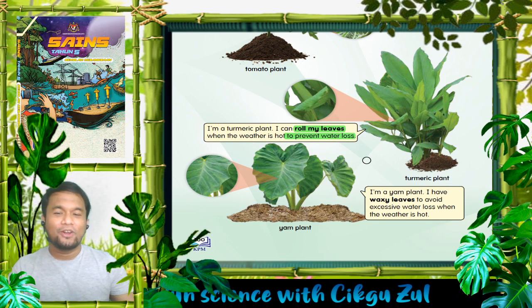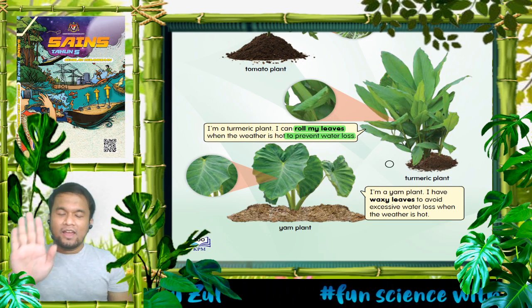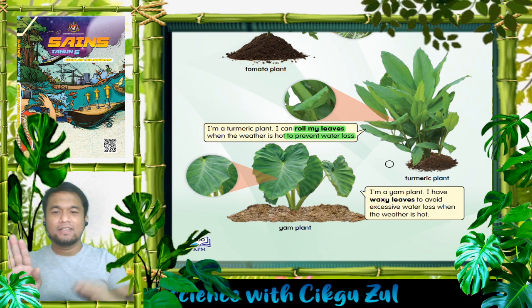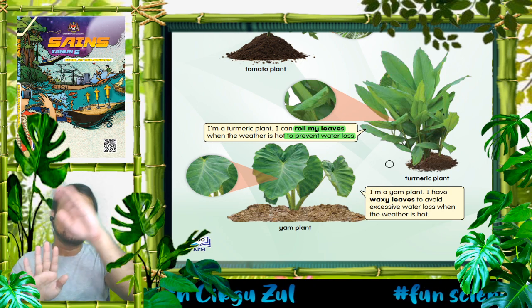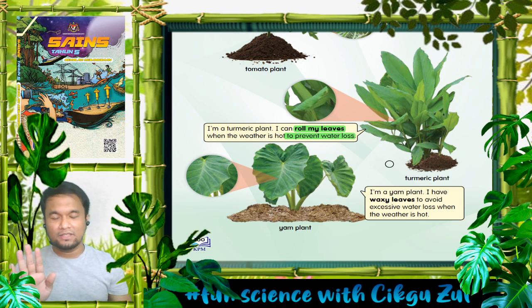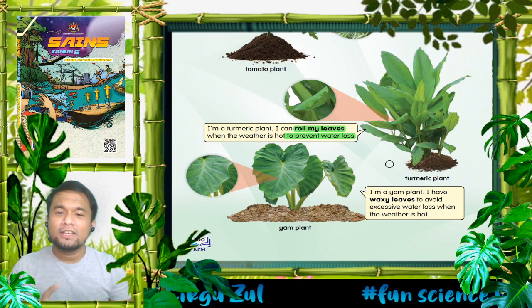Okay, the turmeric plant has wide leaves, isn't it? Daun dia lebar kan, daun dia besar, large size of leaf. But when it comes to hot weather, during hot season, they will fold or roll their leaf. Same goes like the cactus.